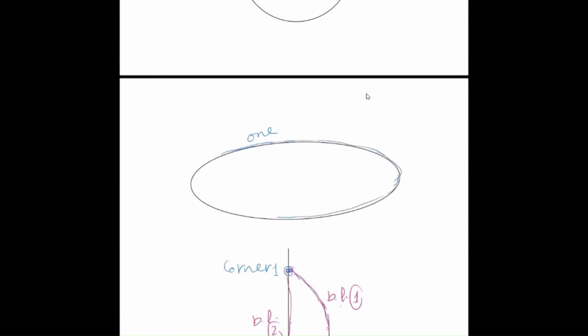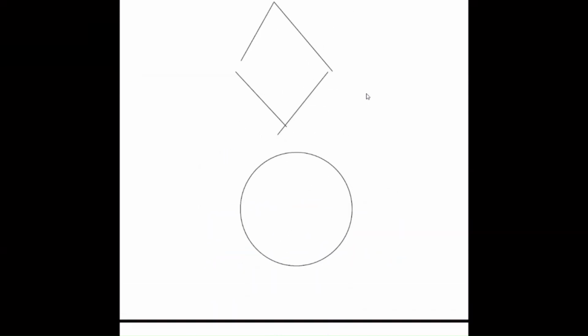Some equations will be given in the problem. One boundary line. Here we have 4 corners. Boundary line 1, boundary line 2, boundary line 3, boundary line 4, corner 1, and so on, 2, 3, corner 4.